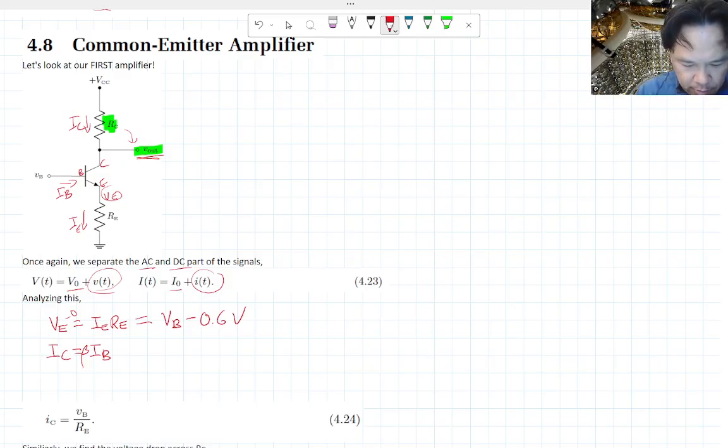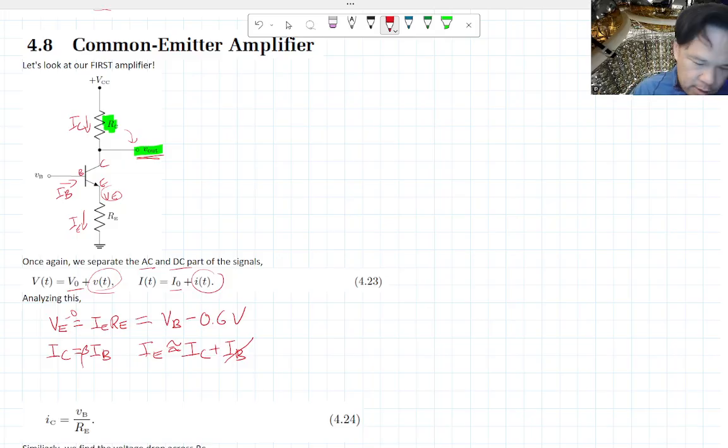So the beta times the base current gives you the collector current, and the emitter current is whatever the collector current is plus the base current. Since the base current is smaller than the collector current by a factor of beta, in this case about 100, the emitter current is approximately what the collector current is going to be. So we're going to do that substitution also.